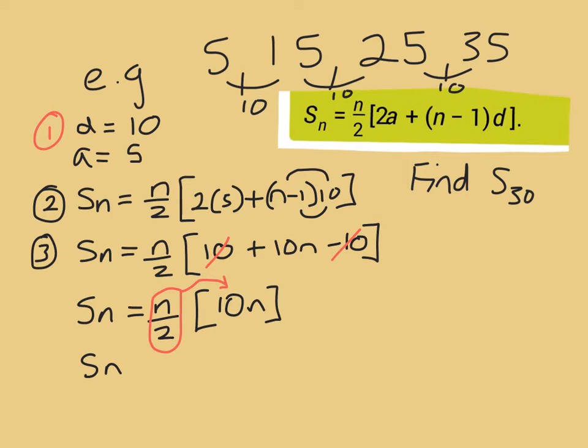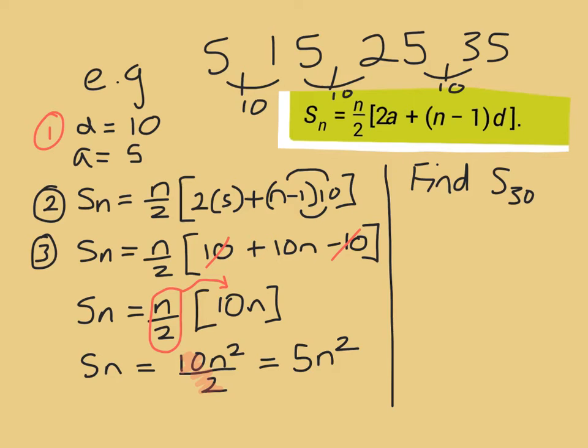When we do that, we multiply the top line by 10n and leave the fraction underneath. So I get 10n squared all over 2, and if I look at that fraction, 10 over 2 gives me 5n squared. And that's my formula.